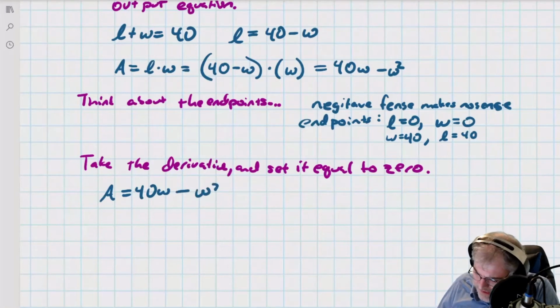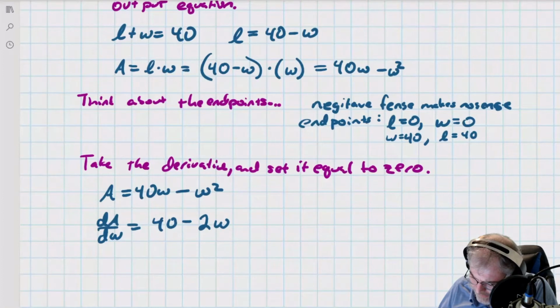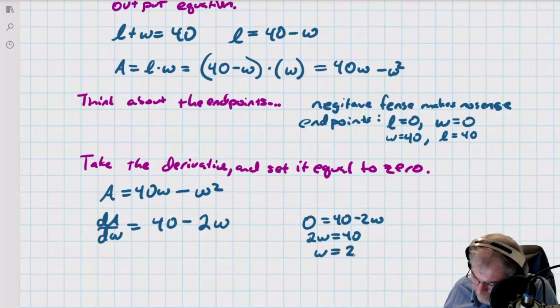That means that dA over dW equals 40 minus 2W. So if 0 equals 40 minus 2W, then 2W equals 40, which means W equals 20, as we expect.